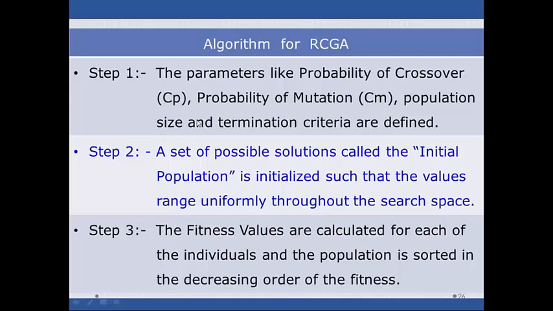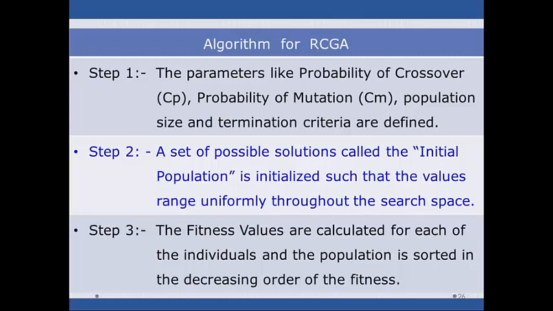Now coming to the algorithm for RCGA. Step number 1: the parameters like probability of crossover, probability of mutation, population size and termination criteria are defined. We all know in the genetic algorithm we first undergo crossover with some probability. Whatever population size we have taken, not all the strings or solutions are taken for the crossover.